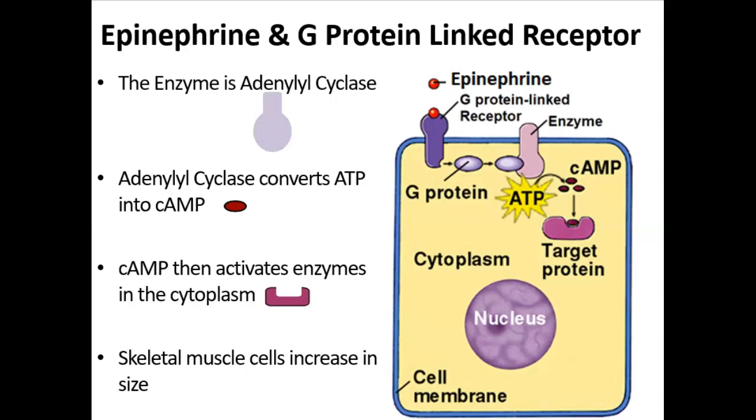Adenylyl cyclase is an enzyme that converts ATP into cyclic AMP. Cyclic AMP then activates other enzymes and proteins in the cell. In the case of skeletal muscle cells being a target, the skeletal muscle cells will increase in size when epinephrine binds to the G protein linked receptor.